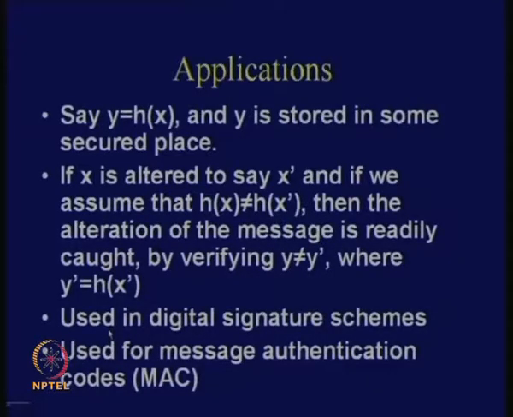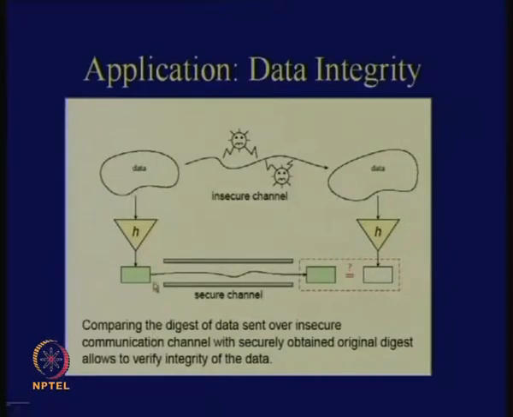Okay. So you see that here one thing has to be kept in mind, that the function h, in this pictographic representation, has its output transferred through a secured channel. So the data is being transferred through an insecure channel, somebody modifies it, and then he computes the h value and checks whether it is equal to this secret value. Okay.